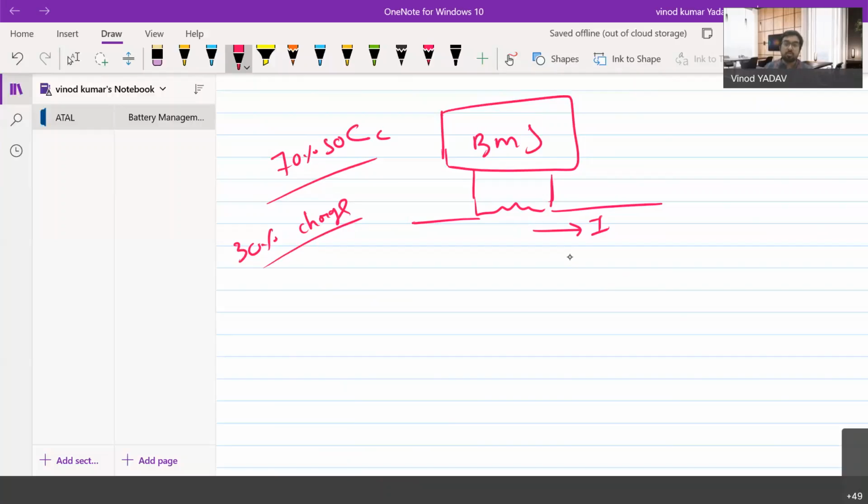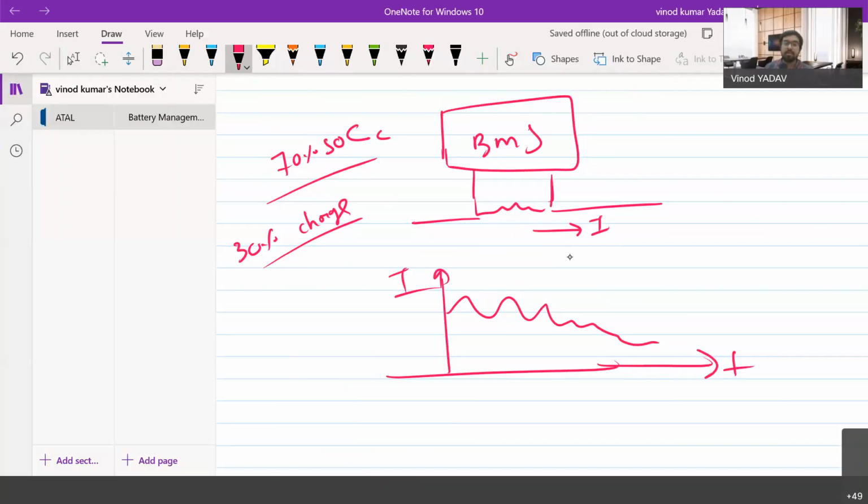And how do we calculate that 30% charge? By Coulomb counting. So suppose this is the current flown from the battery. If we draw the curve with respect to time, how does Coulomb counting work? Basically, it takes small time strips, integrates, and does the summation, and the complete summation will give the ampere hour discharged from the battery.